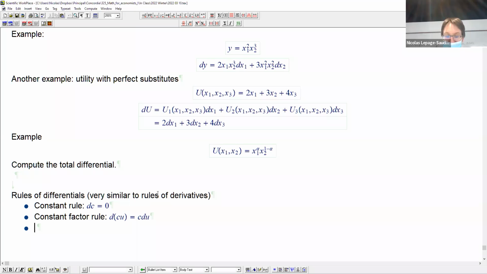Power function rule: d(u^n) equals n u^(n-1) du.